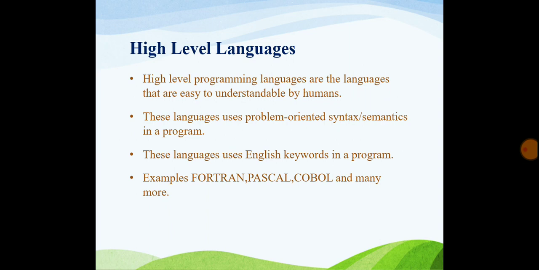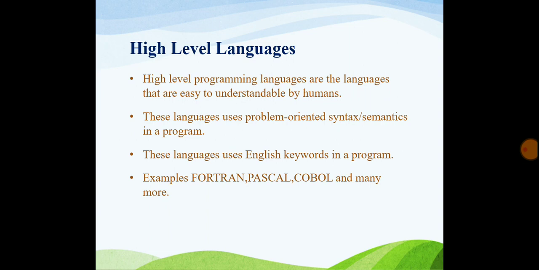But the higher level language is very close to human languages. So we have to convert the program written in the high level language to machine level language, which the computer can understand and execute.